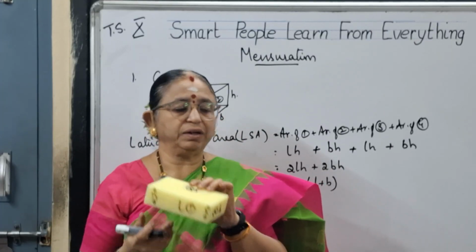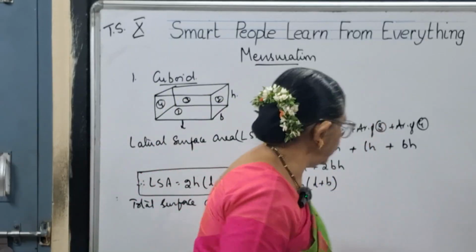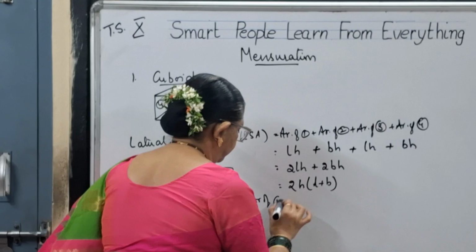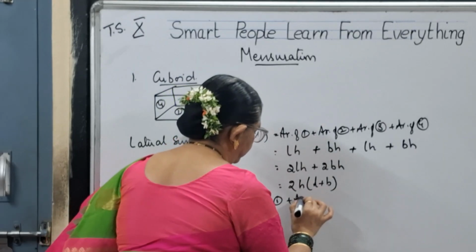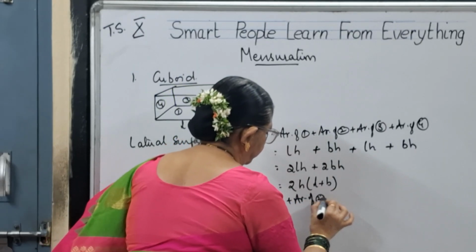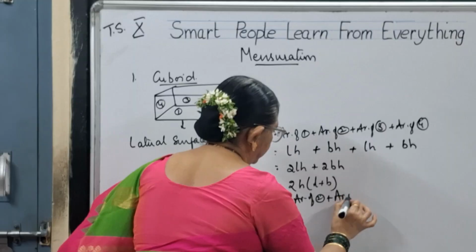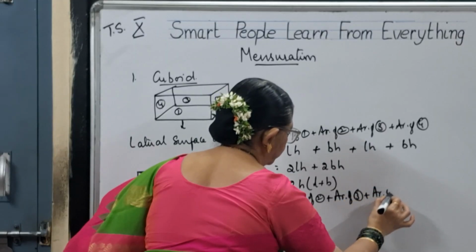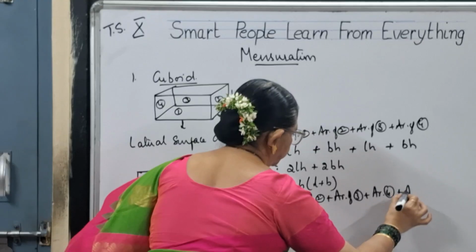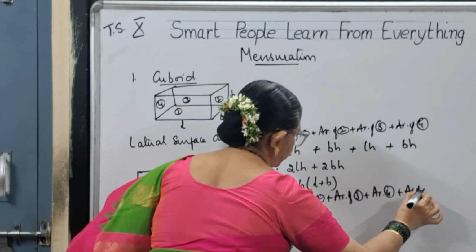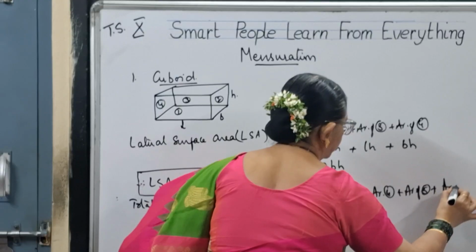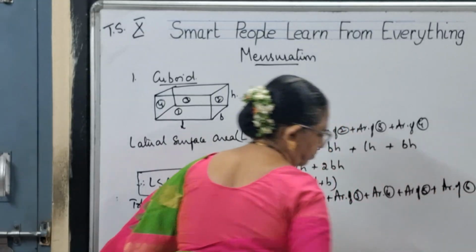Total 6 areas we have to take. So how will you write? Area of first figure plus area of second figure plus area of third figure plus area of fourth figure plus area of fifth figure plus area of sixth figure.